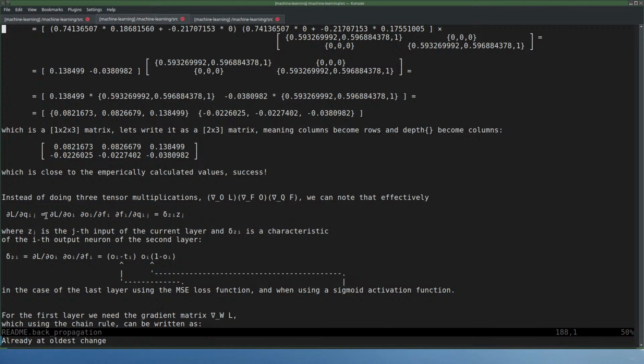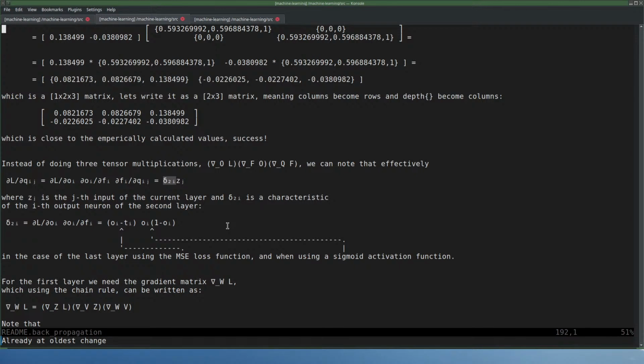And then per element you can just write that. If you understand what is here, then you understand this part as well. And once you understand that, then you also understand what delta is, because now we just short circuit that. This is kind of the definition of the delta. So delta is that.